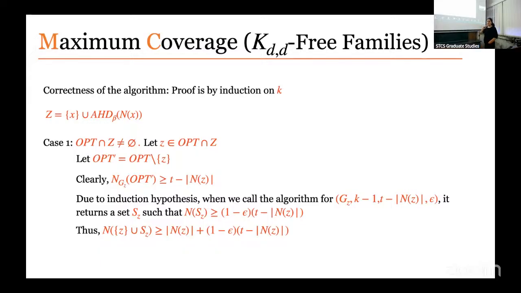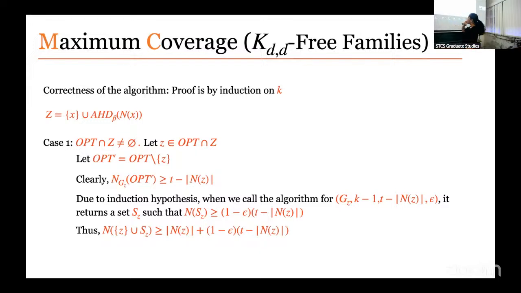But wouldn't that always be true? Because if it doesn't cover that much, even if you add Z, it cannot cover T, right? No, because if you add back Z, it will only bring neighborhood of Z. So if neighborhood of GZ is less than T minus neighborhood of Z, the coverage is less than T. Yeah, agreed. That's what I'm saying.